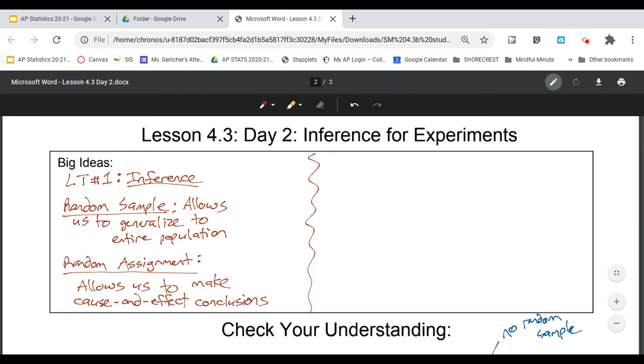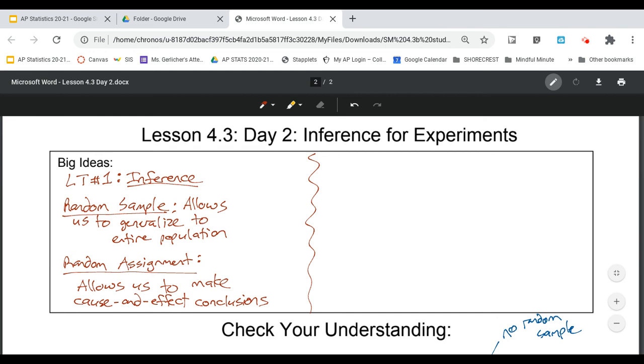So random sampling allows us to generalize about an entire population, say what I saw in the sample is therefore true for everything in the population. Random assignment within an experiment, when you're randomly assigning treatments, allows us to say that this variable is causing this response. Okay, so that's that.